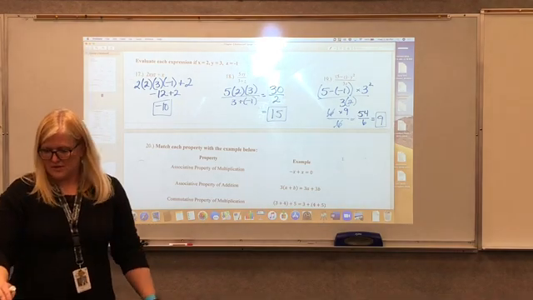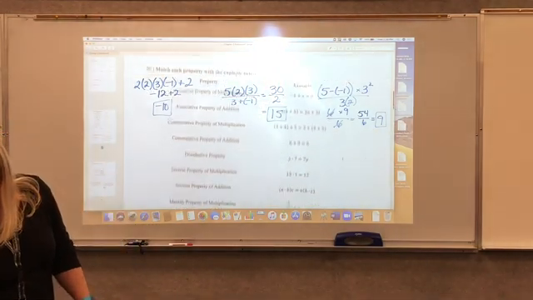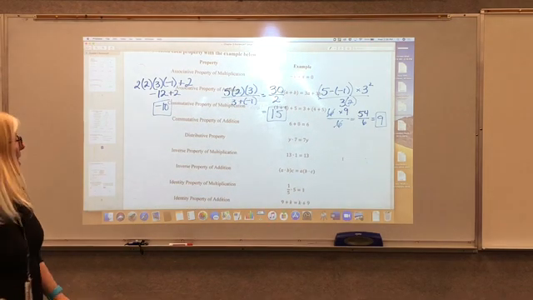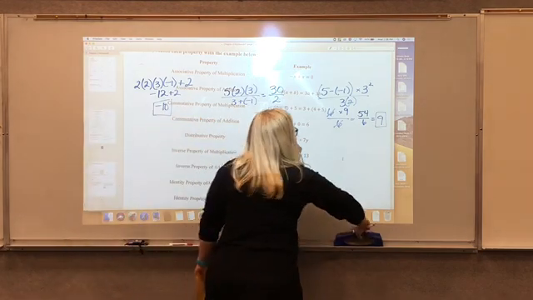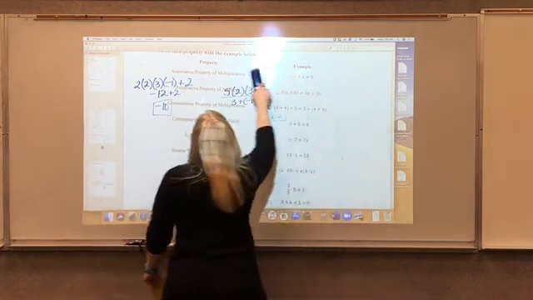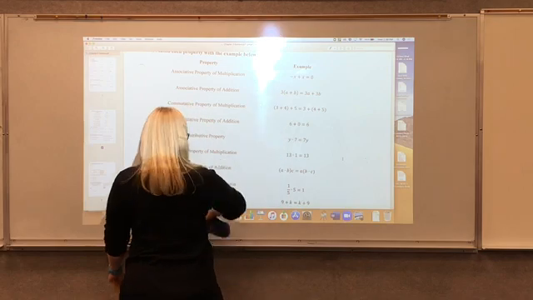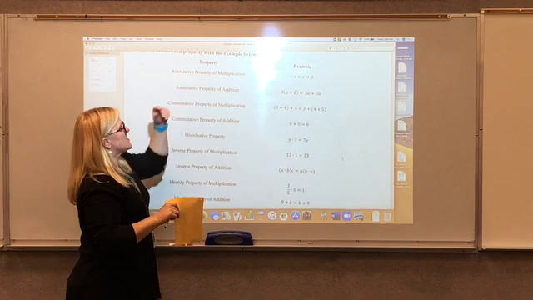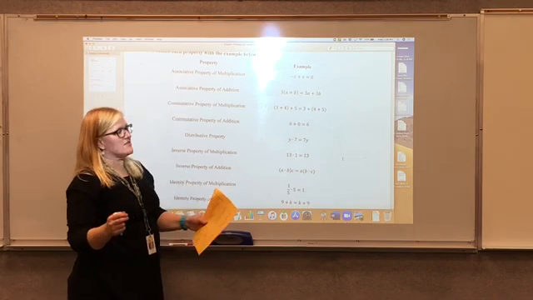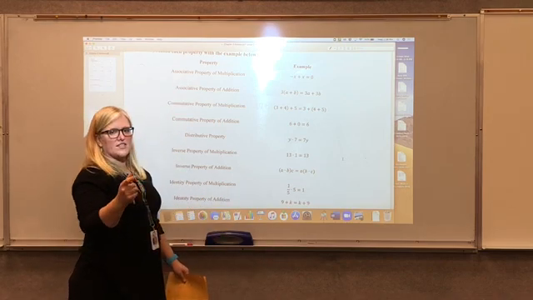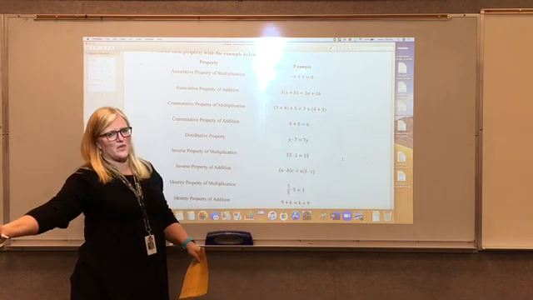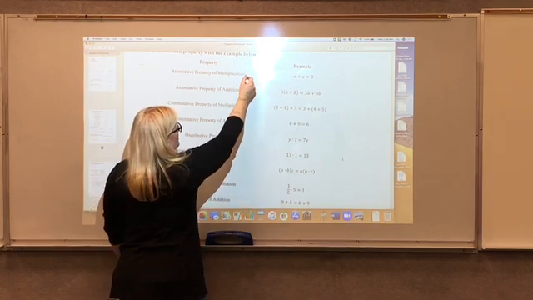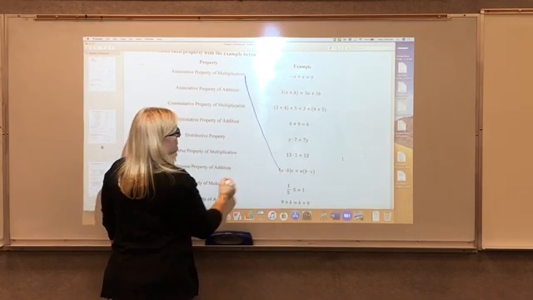Okay, next part. We went over this twice actually, and so I hope you remember how to do it. We're talking about the properties of multiplication and addition. And remember the associative property, this is when we have associates, we have friends, and it means I can be friends with this person and I can be friends with this person, and it's multiplication. So this one goes down here.